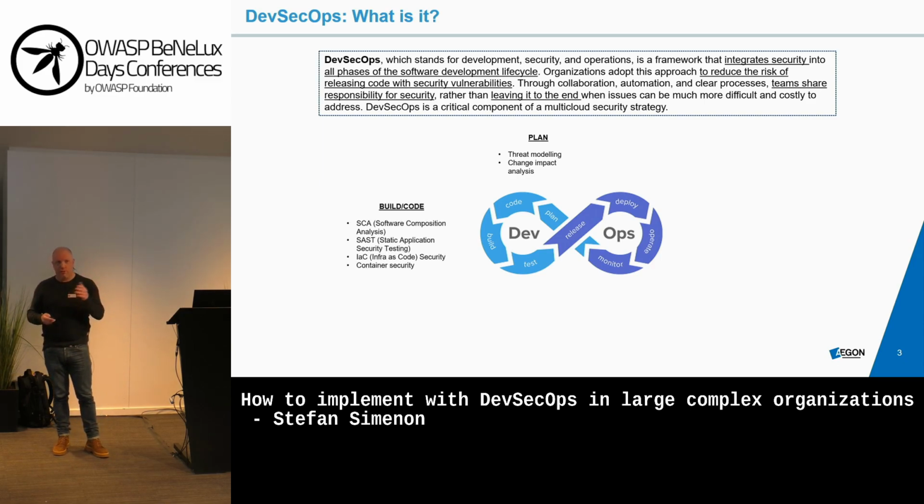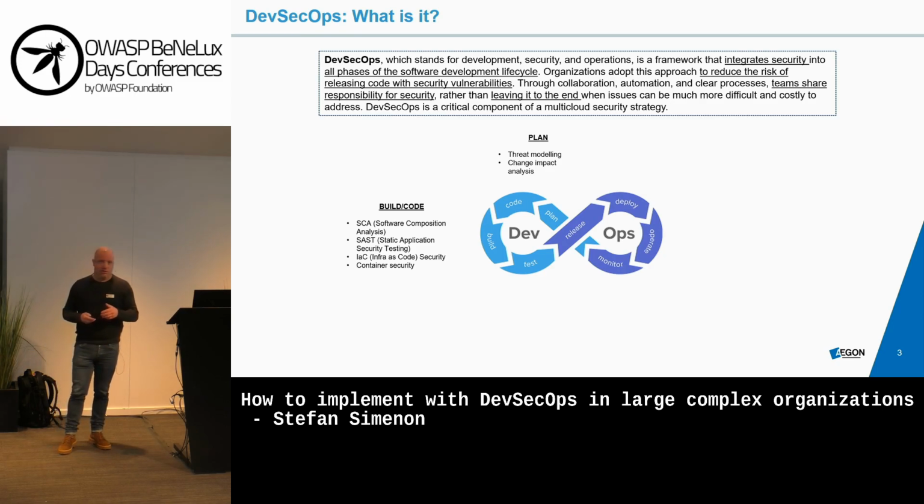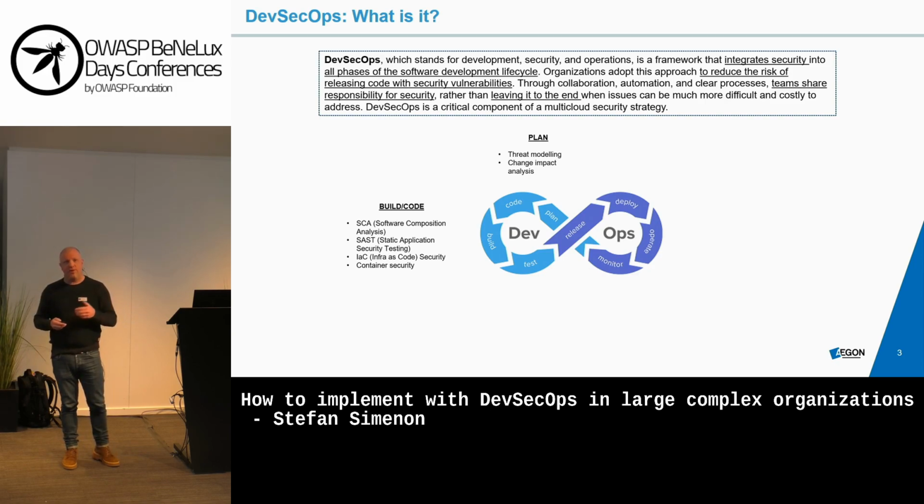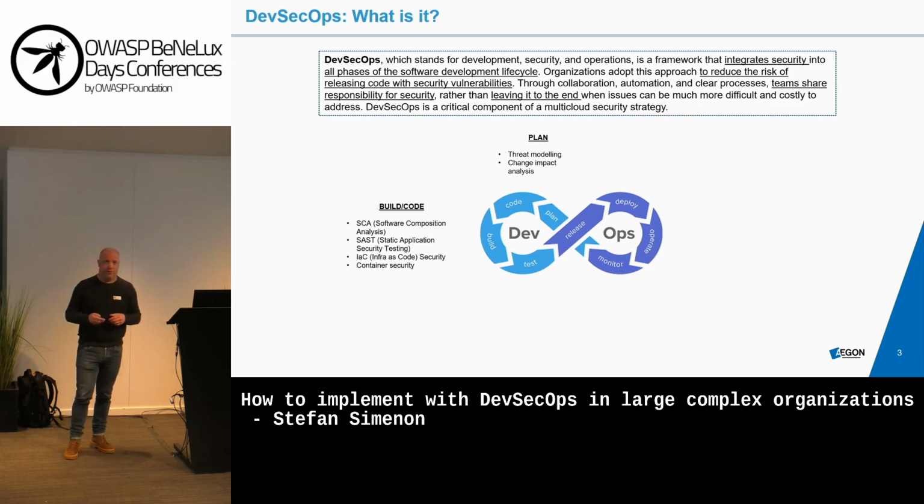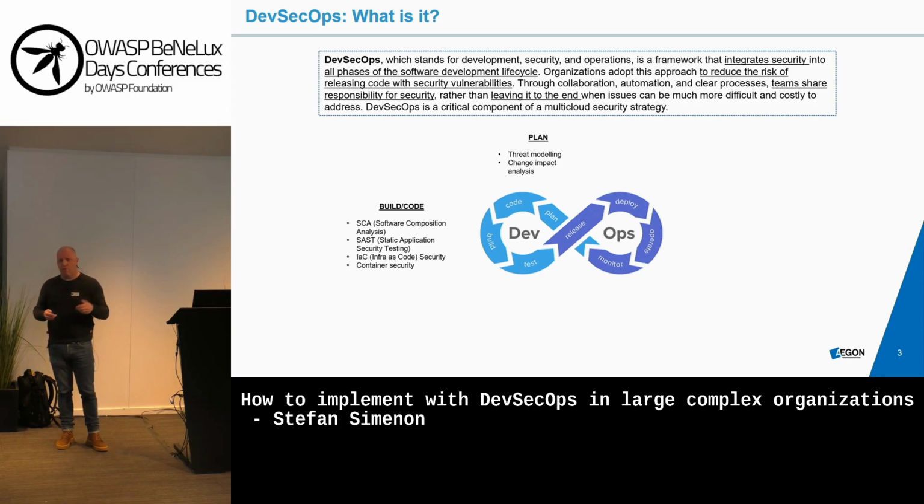Once you build code, you have all kinds of scanning activities. You have software composition analysis, you have SAST, you have infra as code security, you have container security. That's an important piece, and you see more and more companies are adopting it.